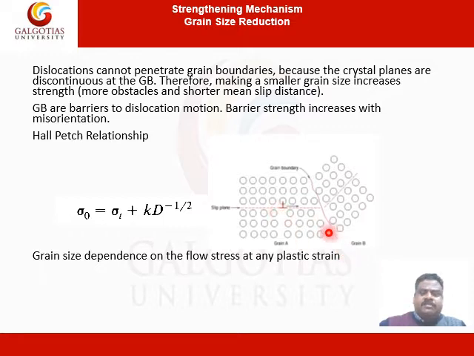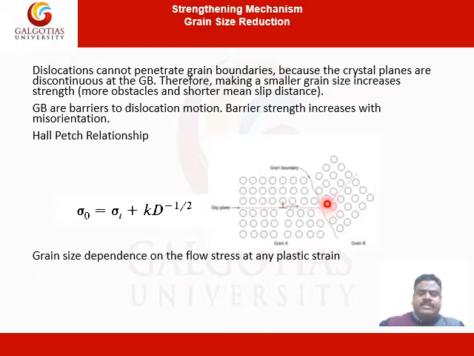In other words, as the misorientation between the grains increases, the yield strength also increases. So making a smaller grain size increases the misorientation of the grains, and therefore increases the strength of a material, because we tend to have more obstacles and a shorter mean slip distance.